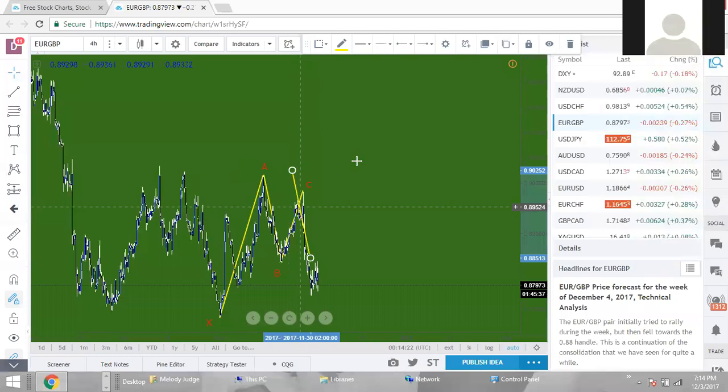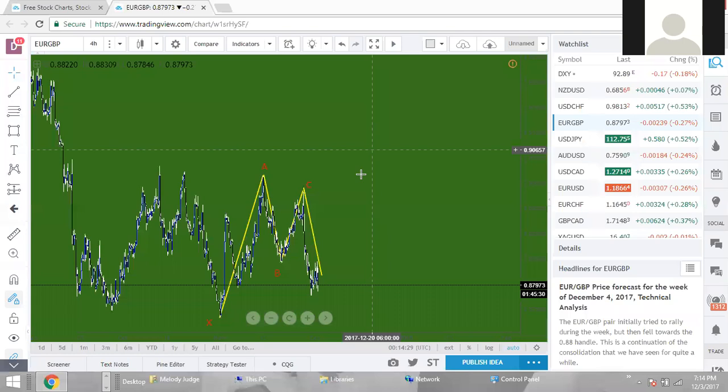We take out the Fibonacci extension. We go from A to B, back up to A. And what we have is 127 and 786 lining up in the same exact spot. That's double confirmation right there. That's probably why Caribbean Blue entered. I entered with her.